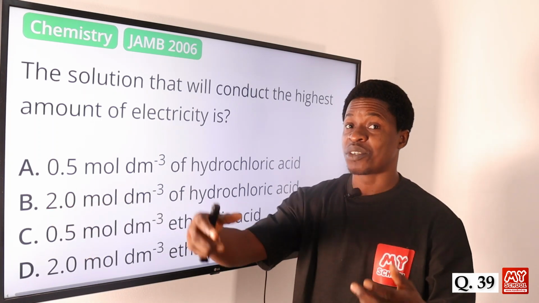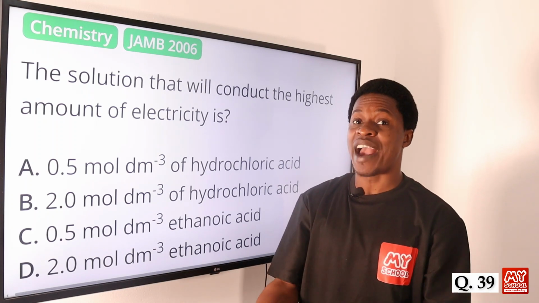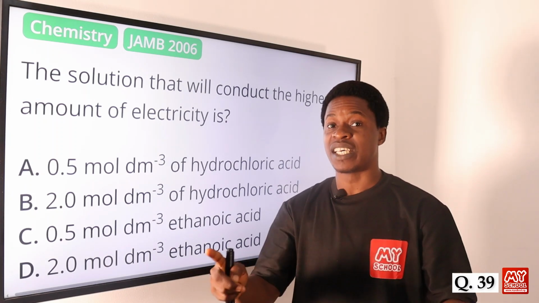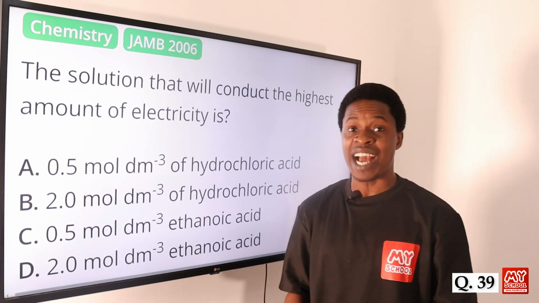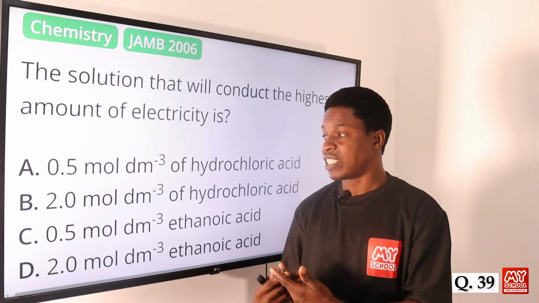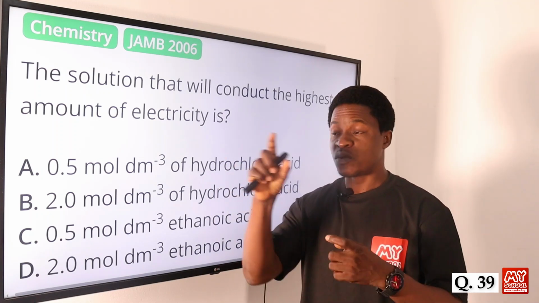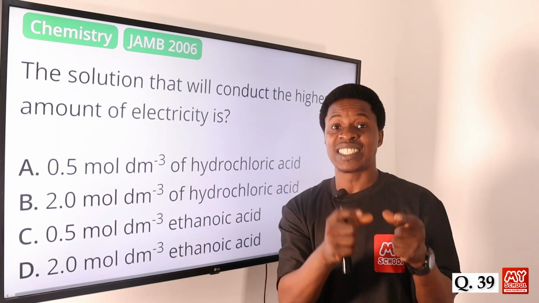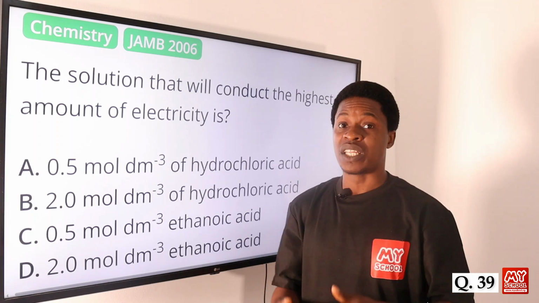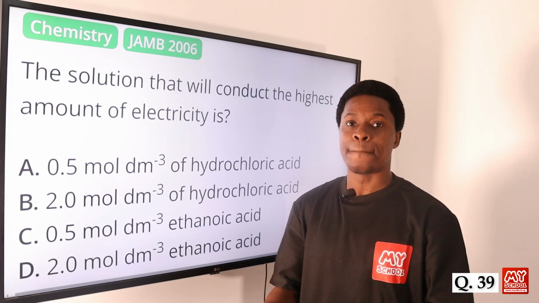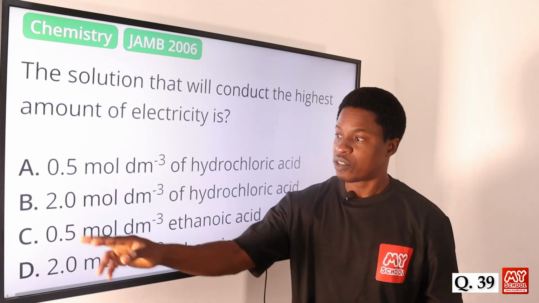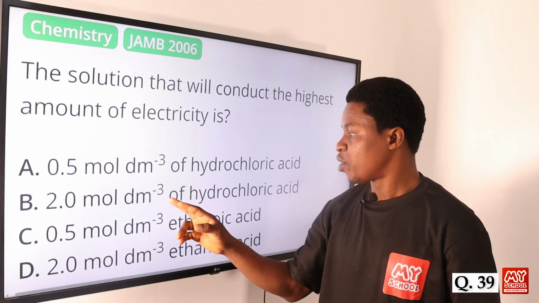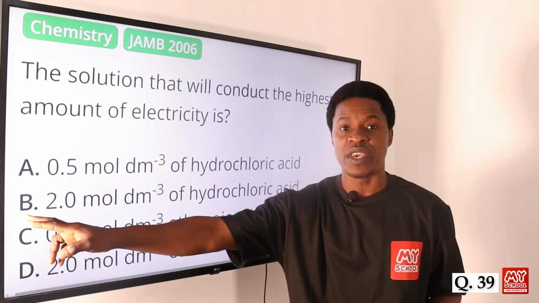More concentration means we have more ions present that can migrate easily to form more electricity. Even though both are strong acids, with different concentrations, the one with higher concentration will produce more electricity. So based on that, 2.0 mole per dm cube of hydrochloric acid, option B, is the correct answer.